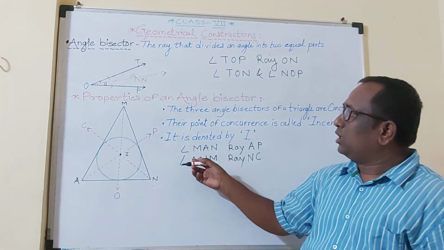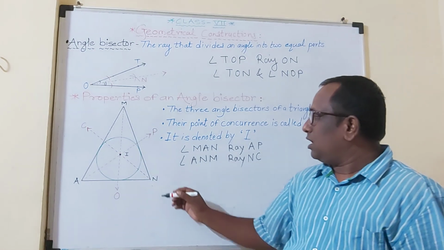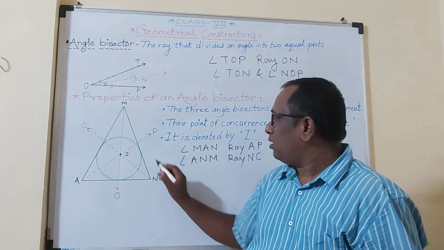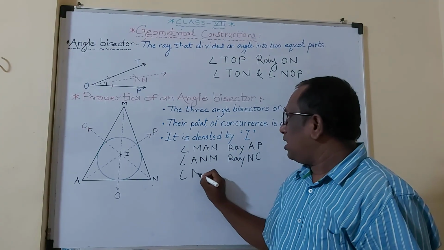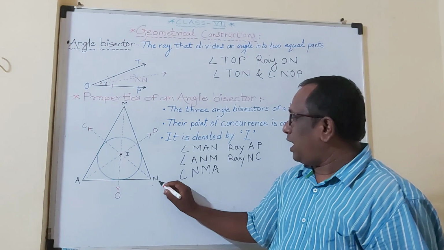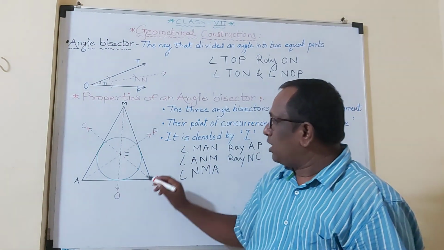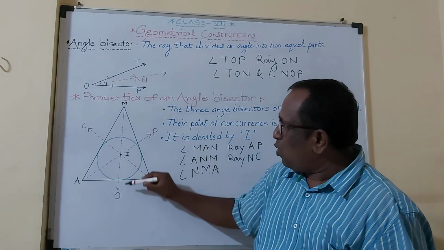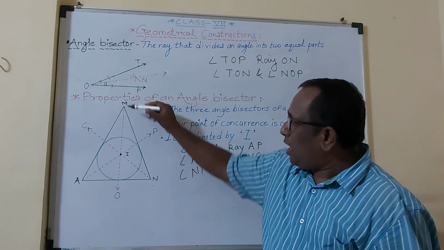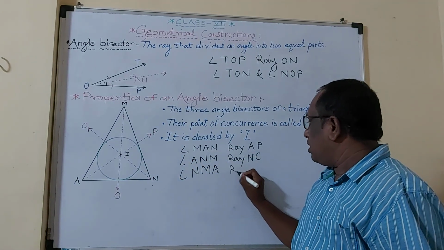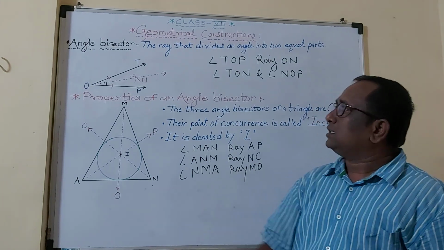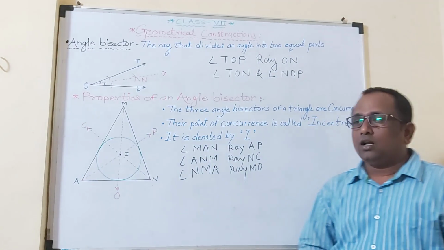Now we will move to the third angle, that is angle NMA, or you can write AMN. Here we can say ray MO is the angle bisector of this angle NMA.